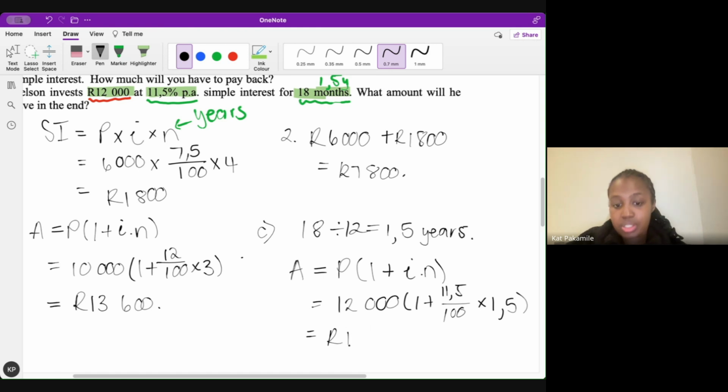Great. Now let's take out our calculators and let's find out. This will be 14,070. Okay, so if you invest 12,000 Rand for a year and a half at 11,5% interest, you will receive 14,070 Rand back in total. This is not the interest, this is the total amount.